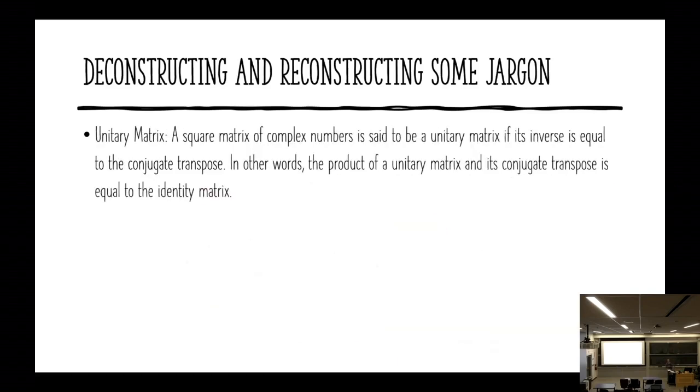So what about unitary? Unitary matrices are square matrices of complex numbers where the inverse is equal to the conjugate transpose. So the product of a unitary matrix and its conjugate transpose is the identity. What are some useful properties of being unitary? They maintain their magnitude.